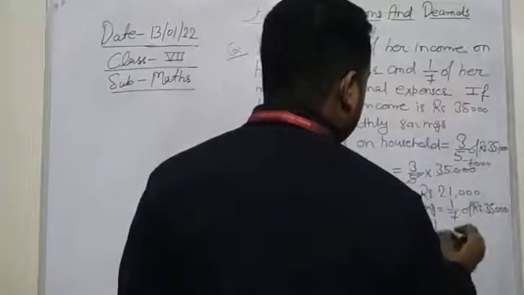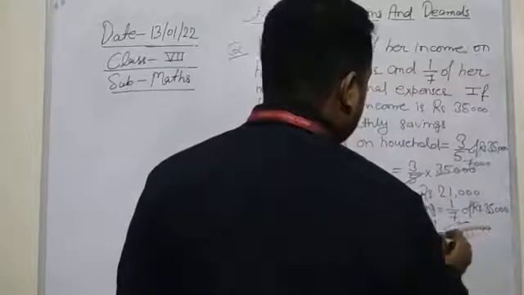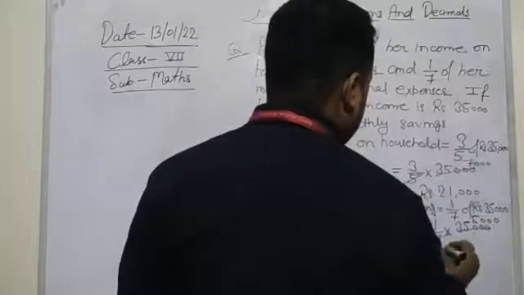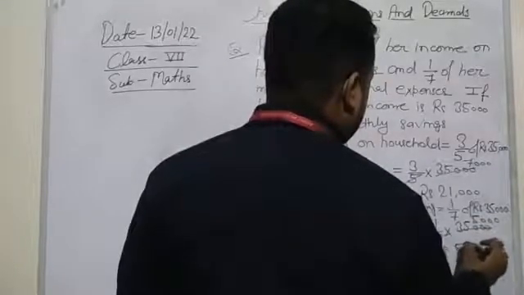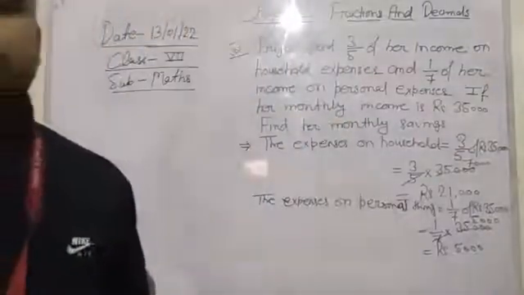That is 1/7 into 35,000, so 5,000, that is rupees 5,000. Note it down till here, then I will explain further.